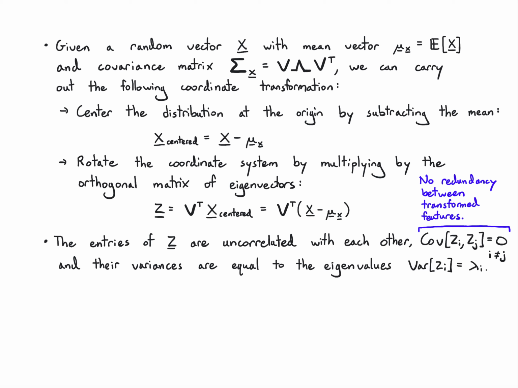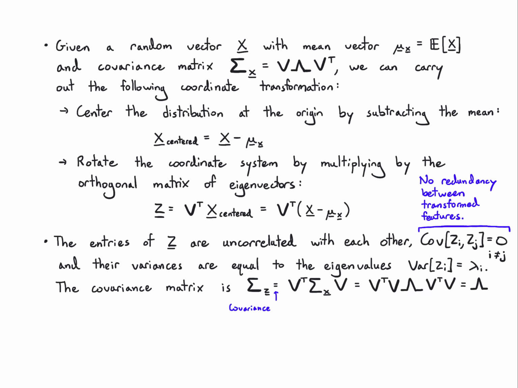The variances also turn out to be equal to the eigenvalues. So the variance of z_i is just lambda_i. Okay, so for the covariance matrix here, I can just use the formula that we had for the covariance of a linear transform. My linear transform was just V transpose, right? So the covariance matrix is going to be V transpose times sigma of x times V, right?